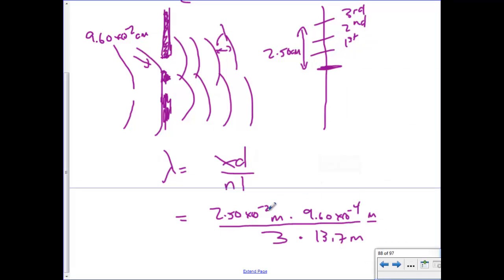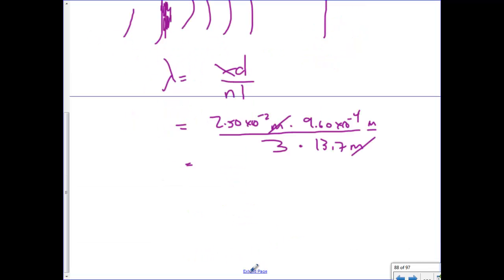In terms of this formula, one of the meters will cancel with the other and you're going to be left with meters left over. But we need that, because what are we looking for? We're looking for a wavelength, which should be measured in some sort of meters. It's 3.